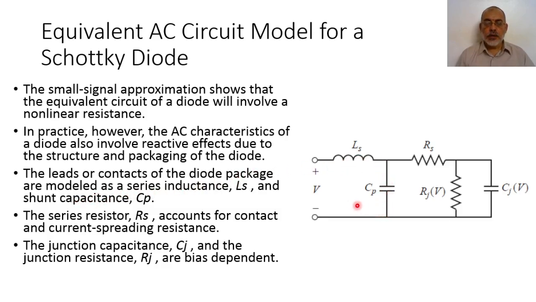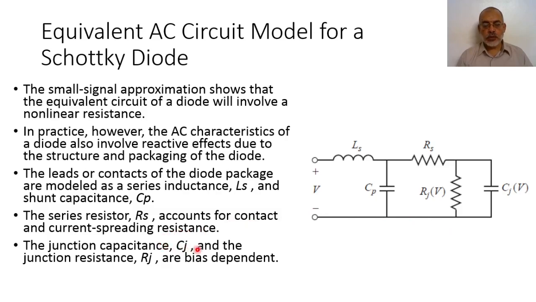In addition, a series resistor Rs accounts for the contact and the current spreading resistance inside the packaging effect of the Schottky diode. So the complete equivalent AC circuit for the Schottky diode looks like this circuit.